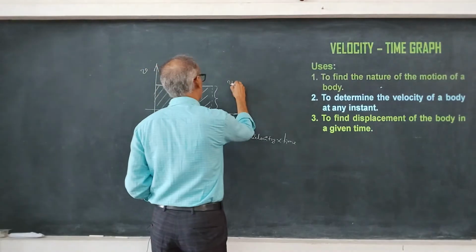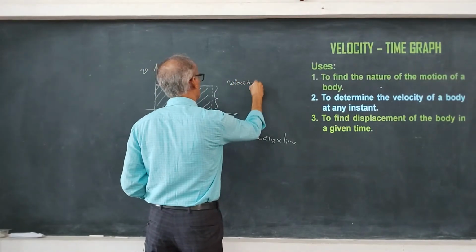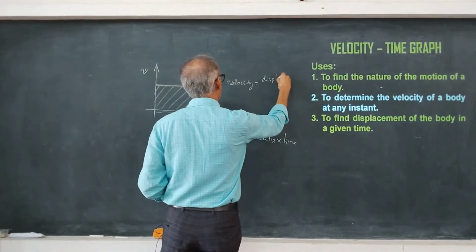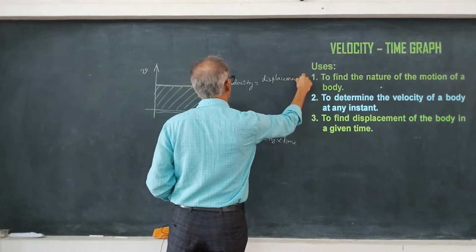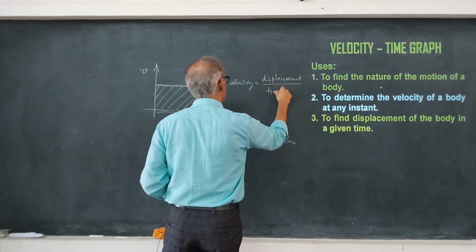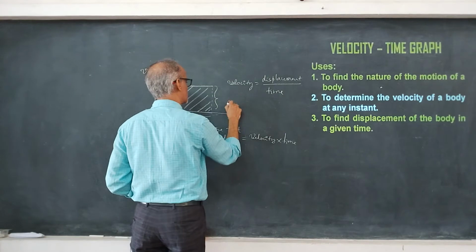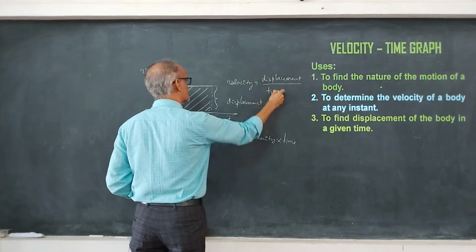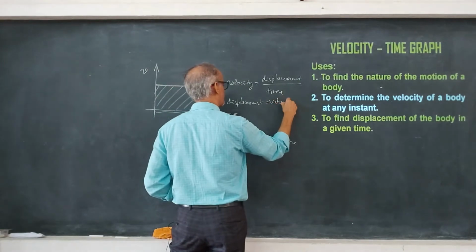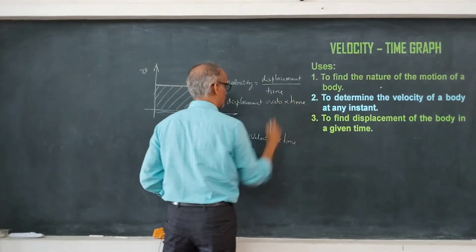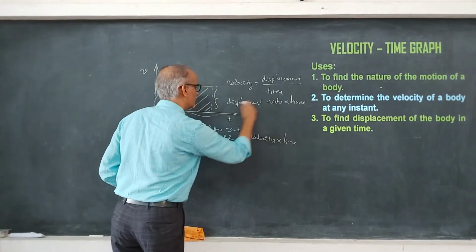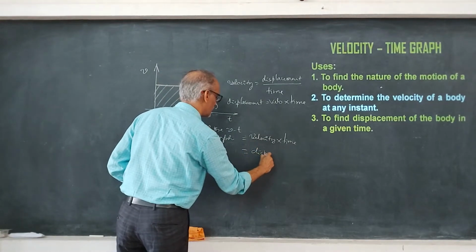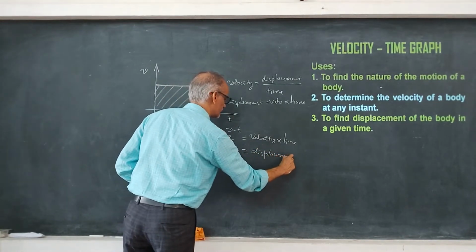But we know that velocity is equal to displacement by time. So from this, what is the displacement? Displacement is equal to velocity into time. So this velocity into time is nothing but the displacement.